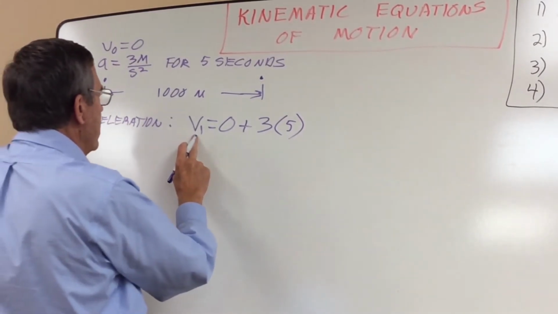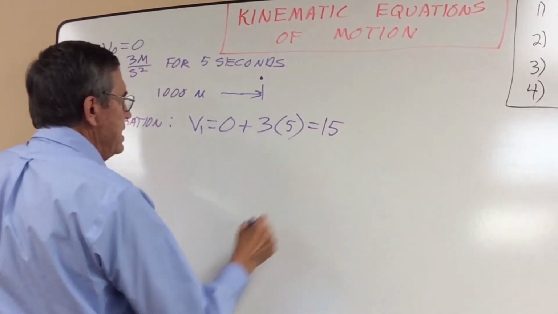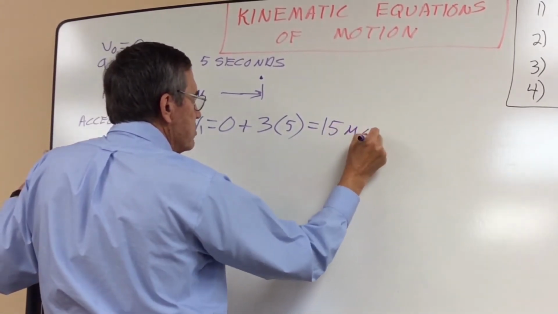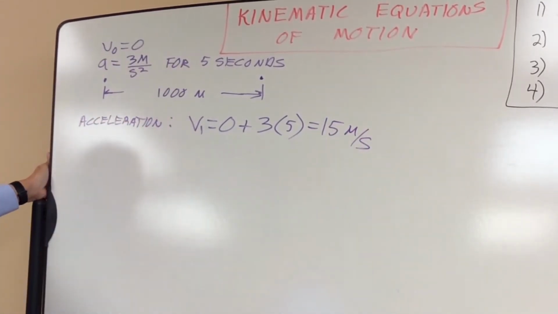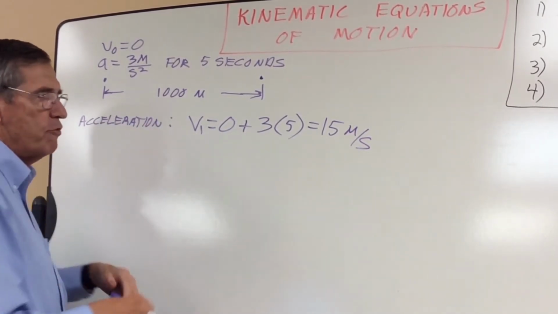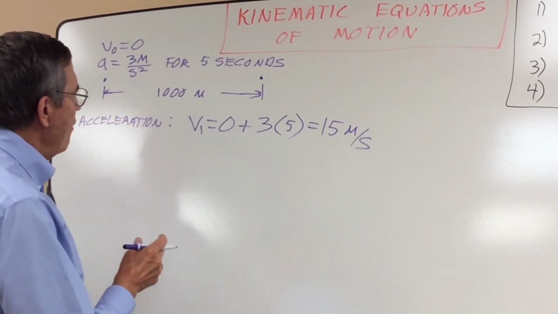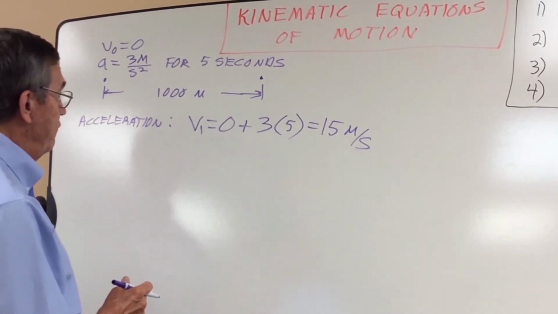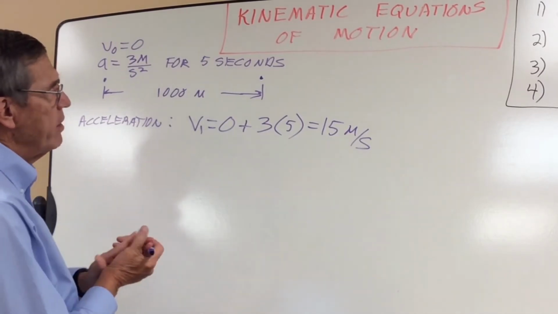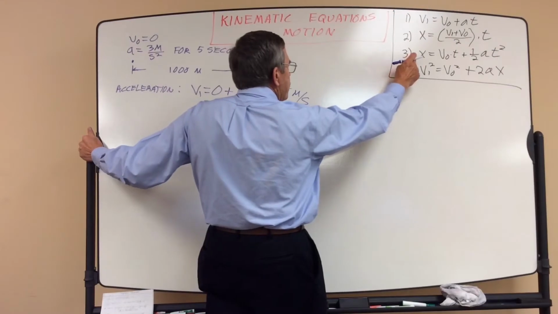So V1 is equal to 15 meters per second. That is the velocity we will have once we've gone through our initial acceleration. Okay? Well, how far did we go during that phase? Well, let's see. Maybe equation 3 would help us.